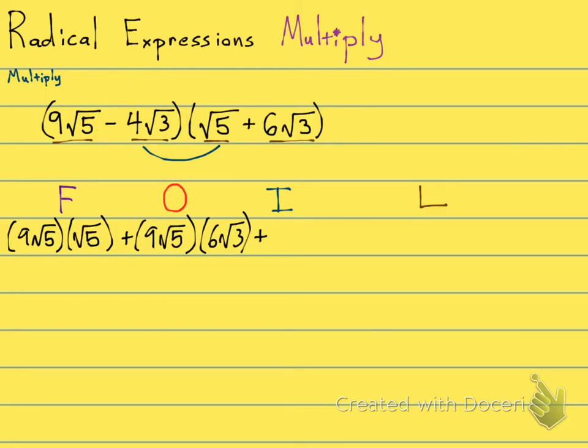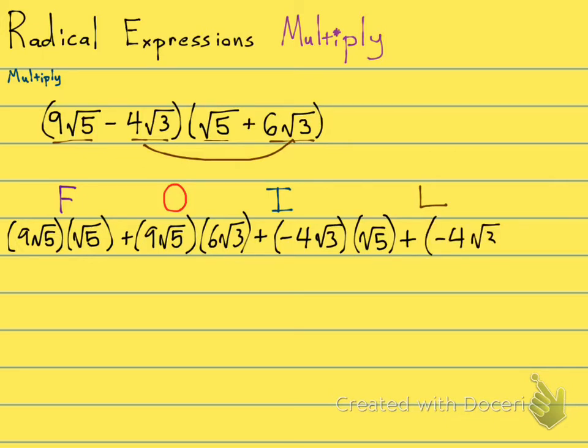So we have negative 4 square root of 3 times square root of 5, plus the last two, which is negative 4 square root of 3 times 6 square root of 3. Okay, so I just put together my first two, my outer two, my inner two, and my last two.